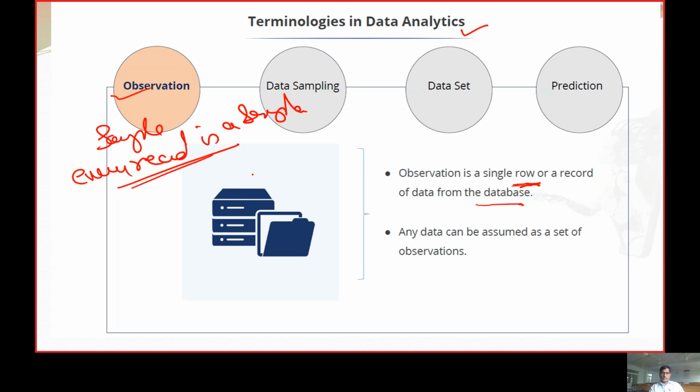Every observation is maintained as a single row, as a tuple in a database. The collection of these we call a data set. So we have a collection of observations, and we are now forming it as a database or a data set.